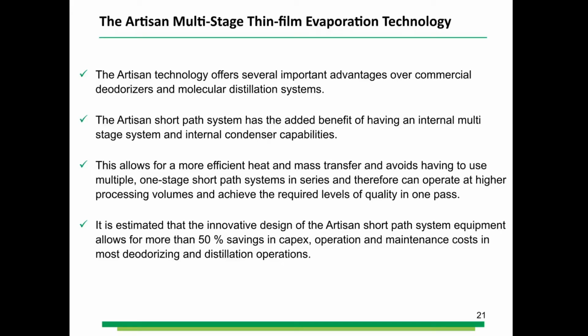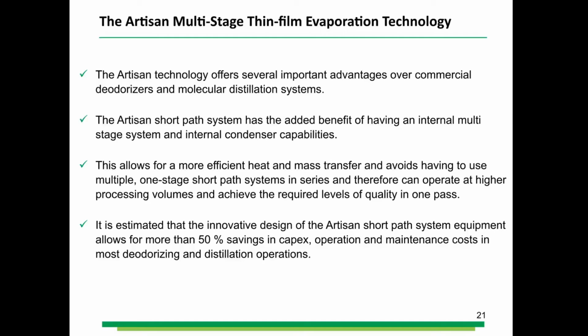The Artisan evaporator operates at lower temperatures and lower residence times. Therefore, there is no generation of process-generated contaminants, and also no deterioration of the nutrients of the edible oils, such as omega-3 fatty acids.